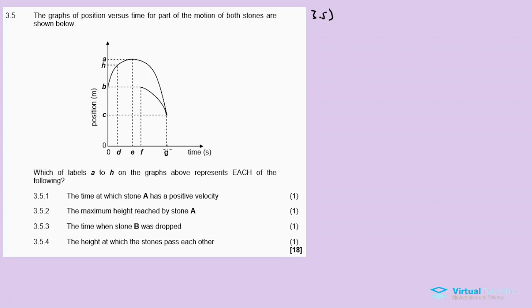The time at which stone A has a positive velocity. Ikuphi ke la? Bheka ke manje. Sifuna the time at which stone A has a positive velocity. So nangiyaphezulu I have a positive velocity. Nangabe ngiyaphansi ngiyakuphi, I have a negative velocity.